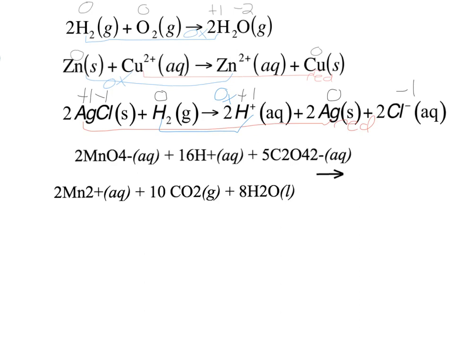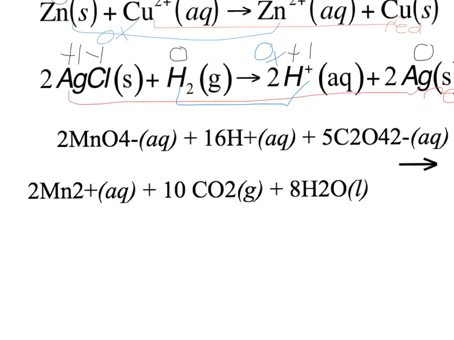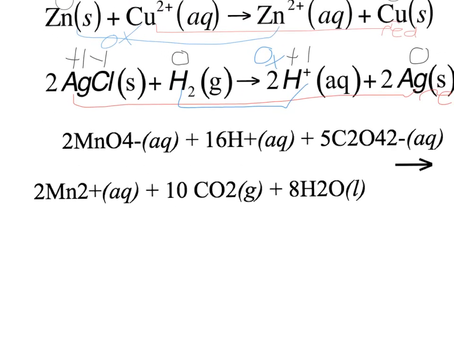A little trickier here with this big one. There's a lot going on in here. My top row is the reactants, my bottom row is the products. MnO4. So the oxygens are each -2, and we did this one earlier. My permanganate manganese is +7. Hydrogen is +1. Over here I have, let's rewrite that, oxalate. It's C2O4 2-.